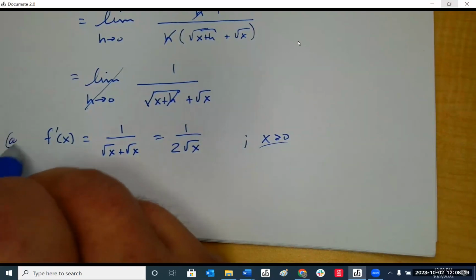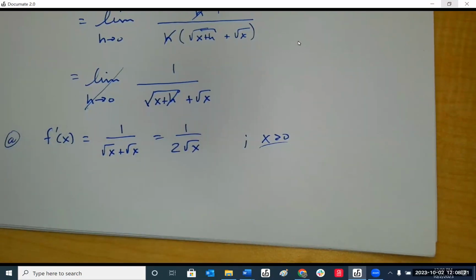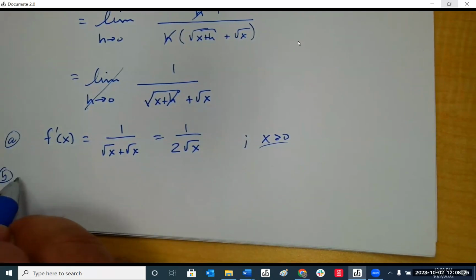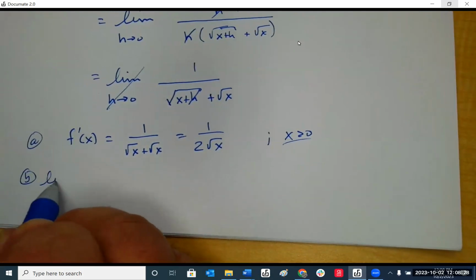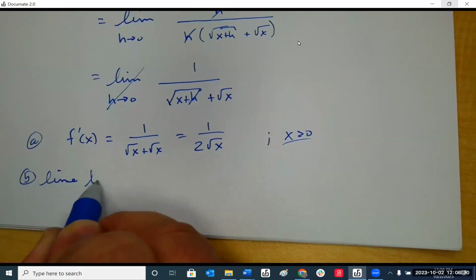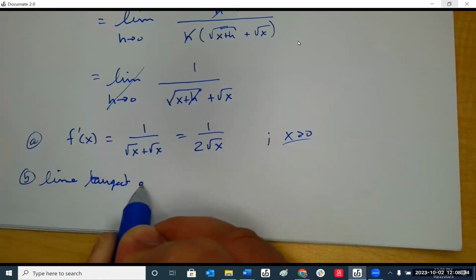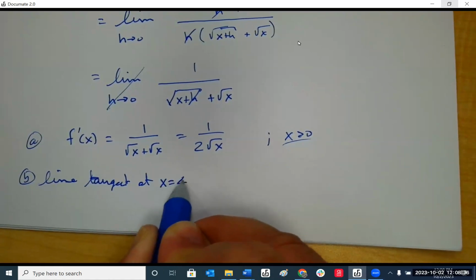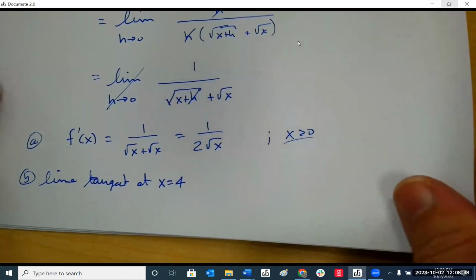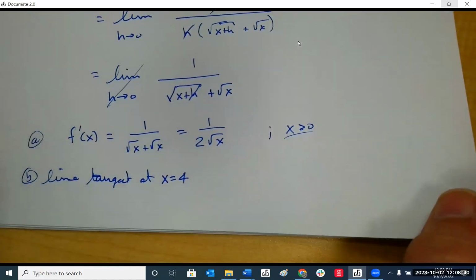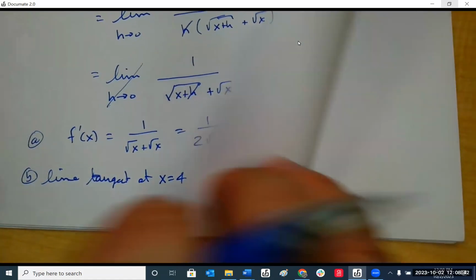So that's part A. Part B, it says find the line tangent to the curve at x equals 4. Ready? Did I go 2 sides or go 1 side? One side.